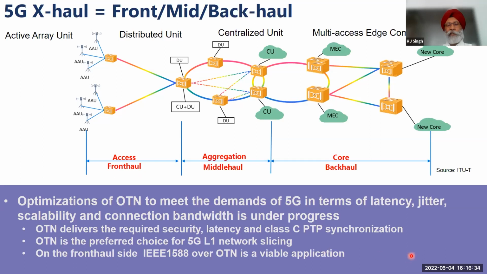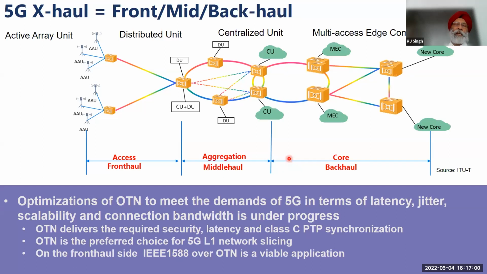OTN does deliver the kind of latency and the PTP synchronization that is required for 5G. People are talking of network slicing. I will talk about this also in the next slide. And on the fronthaul, the thought is that timing for the radio can come as part of 1588 running over OTN.